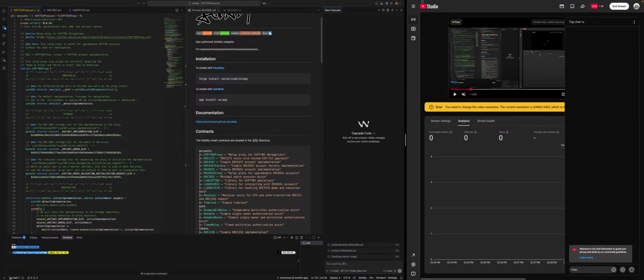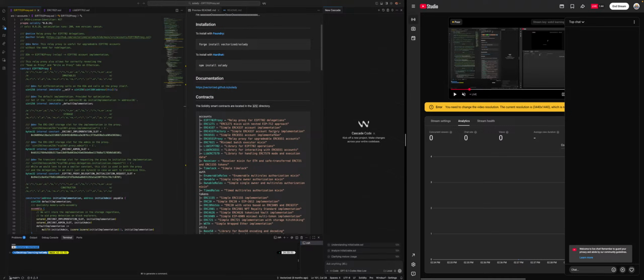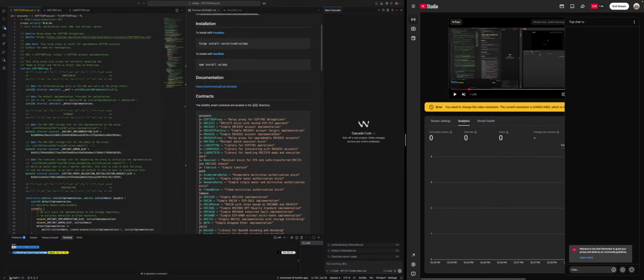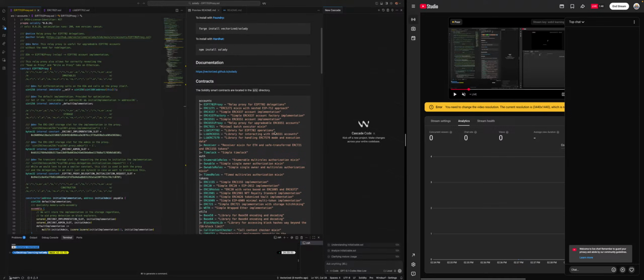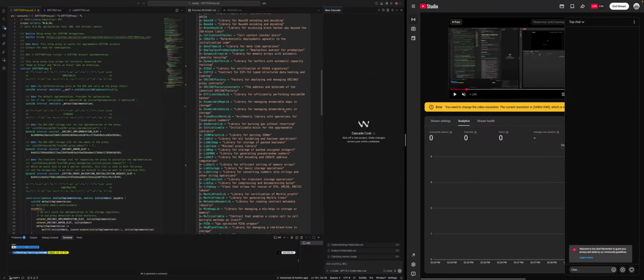First of all, to understand Solady, it's like helper functions or helper contracts for a lot of variety of tasks, and they are gas optimized. Their objective is to create technologies which are gas efficient, and they have so many things here.